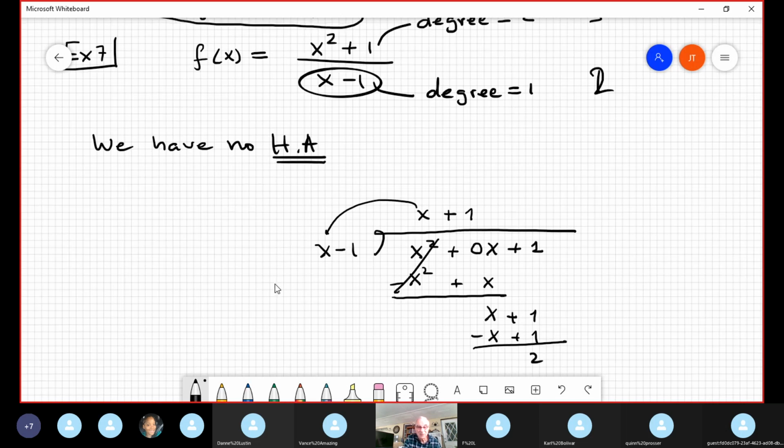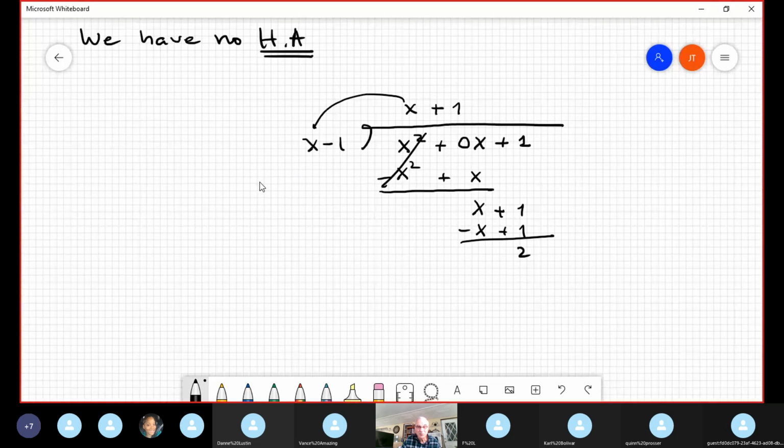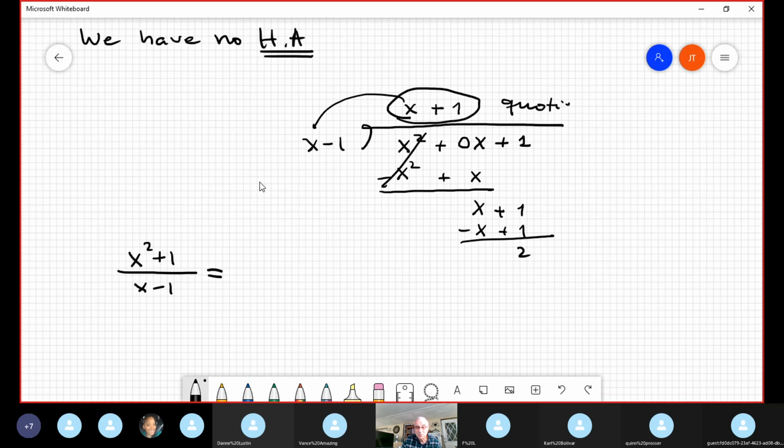Okay, so what are the answers? What are the famous answers? Well, we prove mathematically that the expression x squared plus 1 divided by x minus 1 is equivalent, it's the same, using algebra. X plus 1 is the quotient, x plus 1 plus, in this case plus, because the remainder is 2 divided by the divisor.